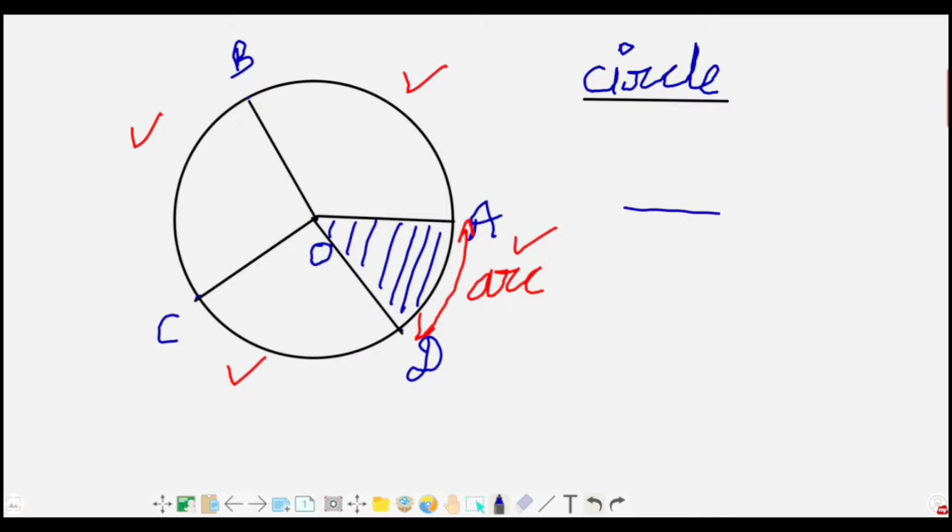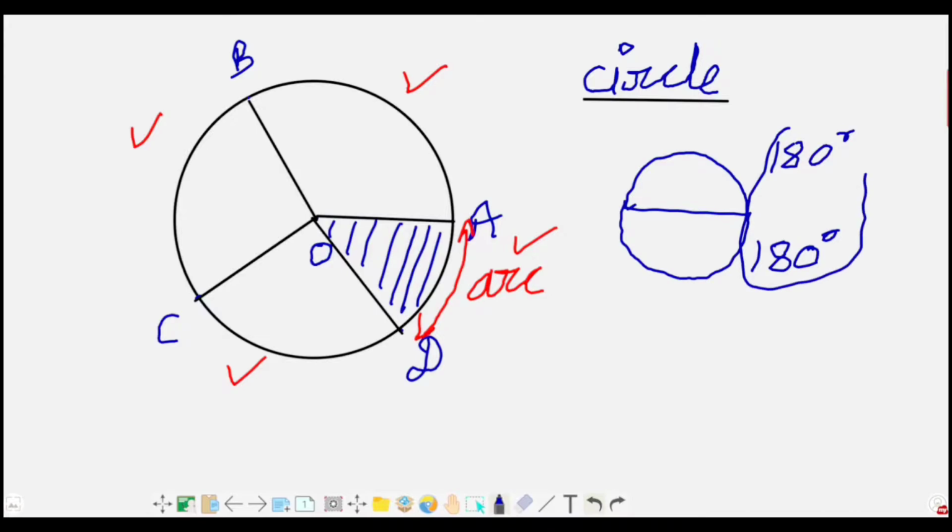When you take the protractor, it consists of 180 degrees. When you take the other protractor in the same way, then it is also 180 degrees. So together it is 360. So the sum of all these arcs together, when they form a circle, is 360 degrees.